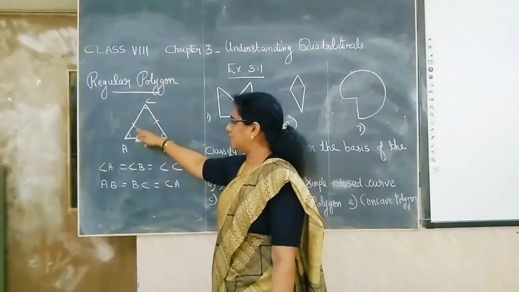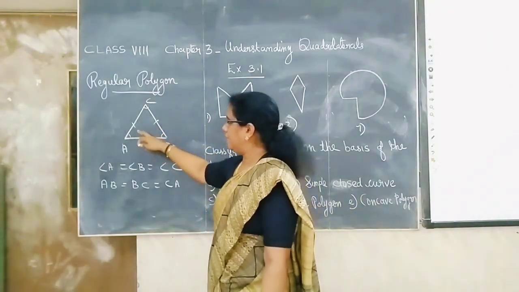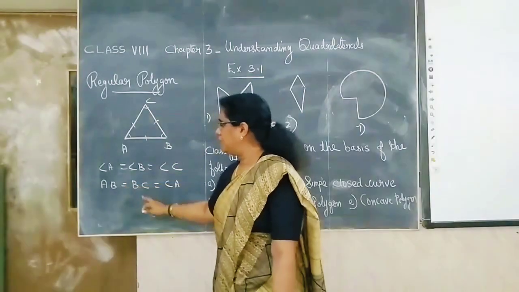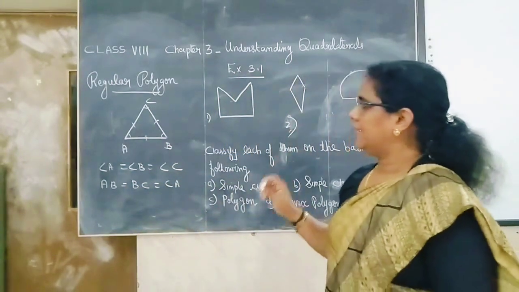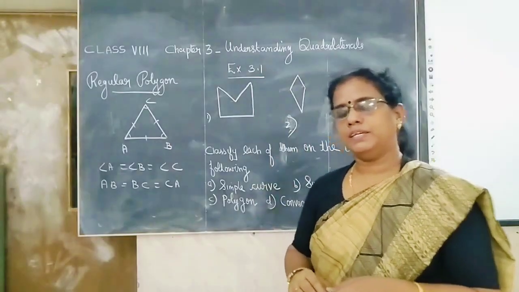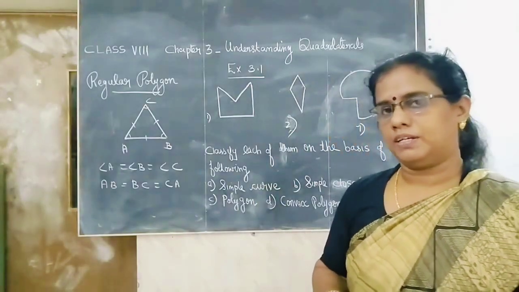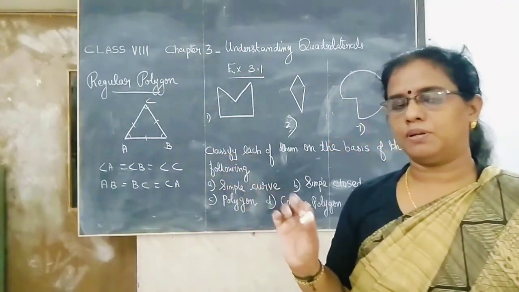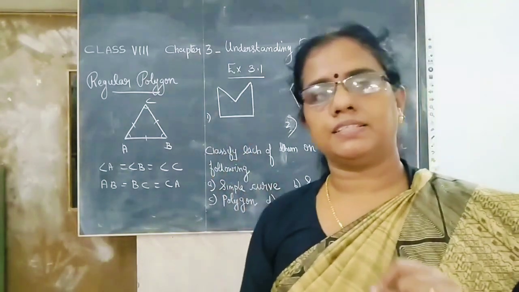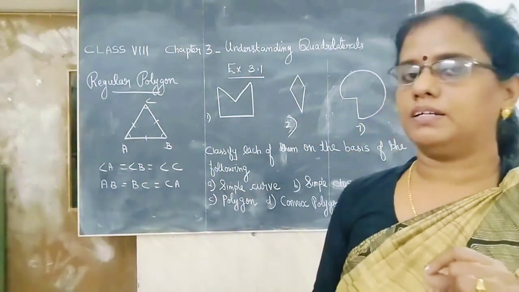Here all the three sides are equal, that is, sides AB, BC and CA are equal, and angle A equals angle B equals angle C. Therefore, we can say this is a regular polygon. Regular polygon means all sides and all angles are equal.